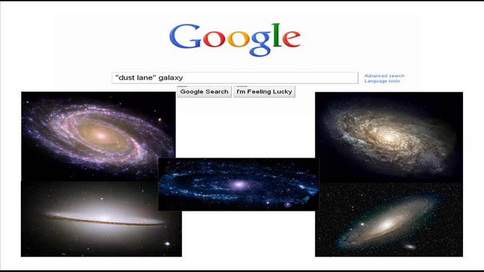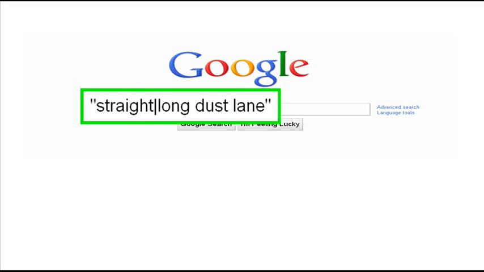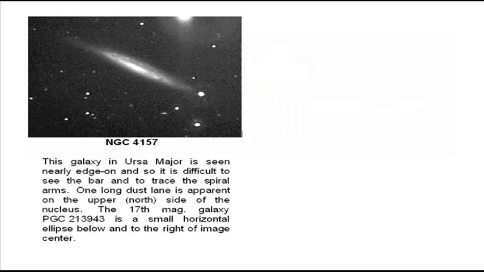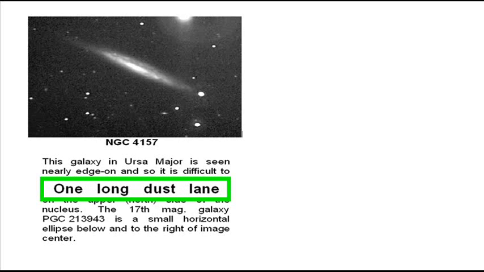Then I did another search for straight long dust lane, and this time I added words like straight or long. This is because we don't usually refer to circles as straight or long. This brought me to a page containing images and descriptions of galaxies, and one of the descriptions had the phrase long dust lane in it.